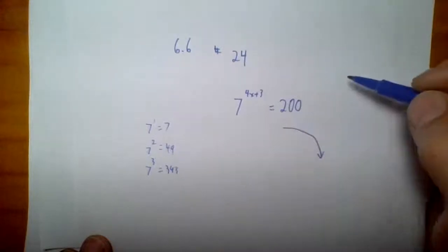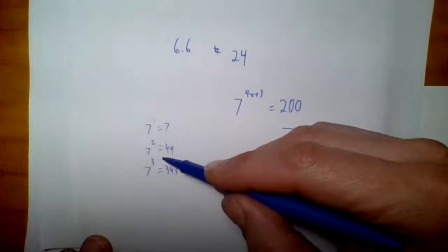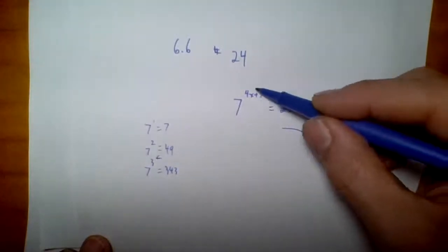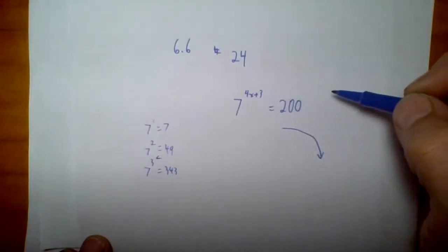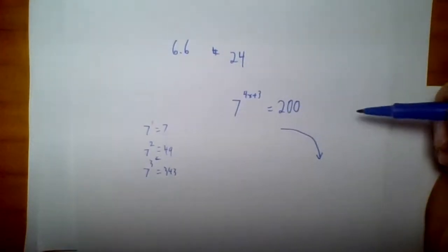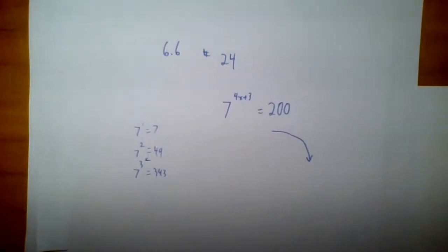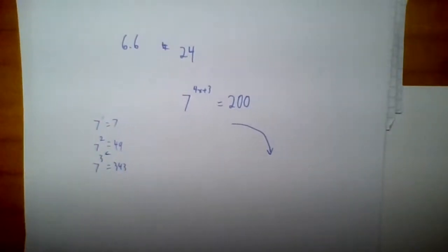So somewhere in between there, 7 to the something comes out 200. That would have to be in there somewhere. We're going to find an x that makes that exponent come out somewhere in between there. Doesn't take that big a number to get results like this out of an exponential. So we don't need a very big value of x for this. We'll see how it comes out.